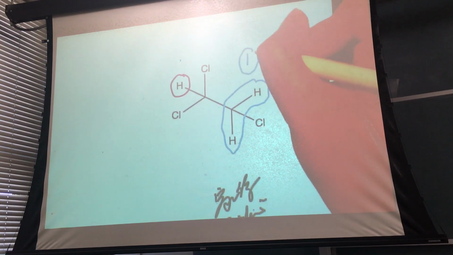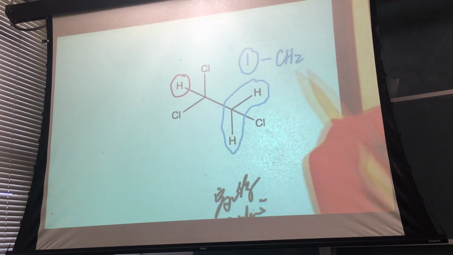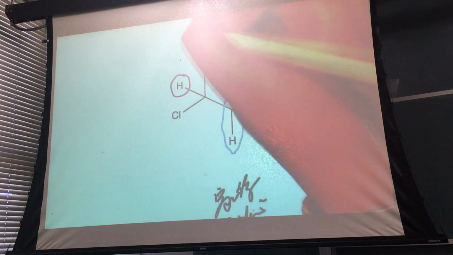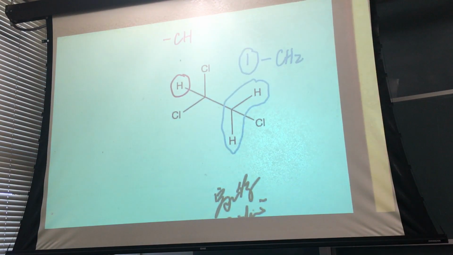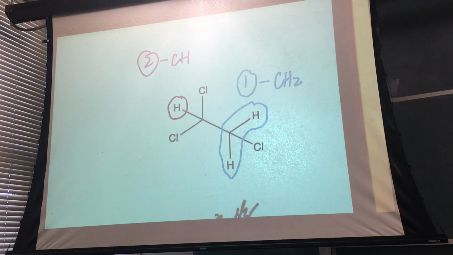I personally like to use this method: it's a CH2 and it has one neighbor. The same thing for the red one: it's a CH with two neighbors. That's just my own habit, and you will see the benefits of this when you really come to solve problems. So just build up this habit now, and I'll explain later.